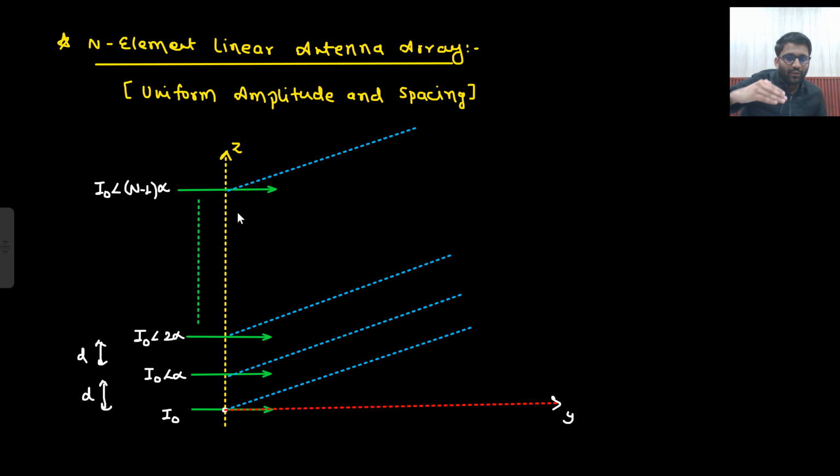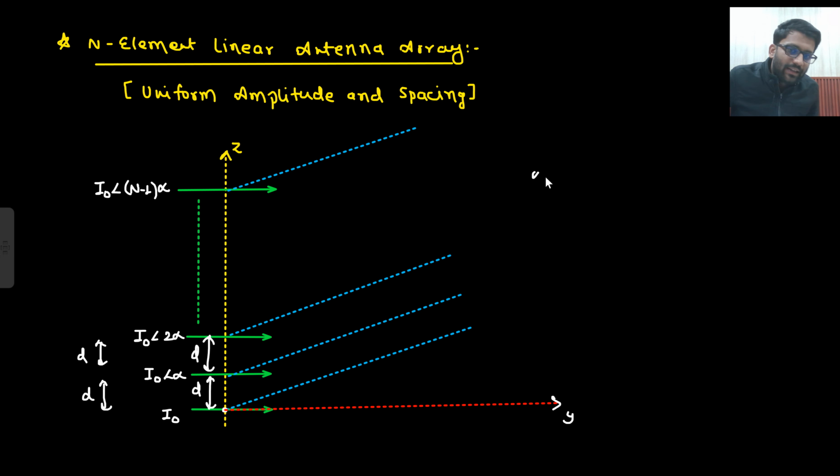So there is a uniform phase shift: 0, alpha, 2 alpha, 3 alpha, 4 alpha. And the spacing is also uniform. Here the spacing is d, this spacing is also d, so this d will keep on going.